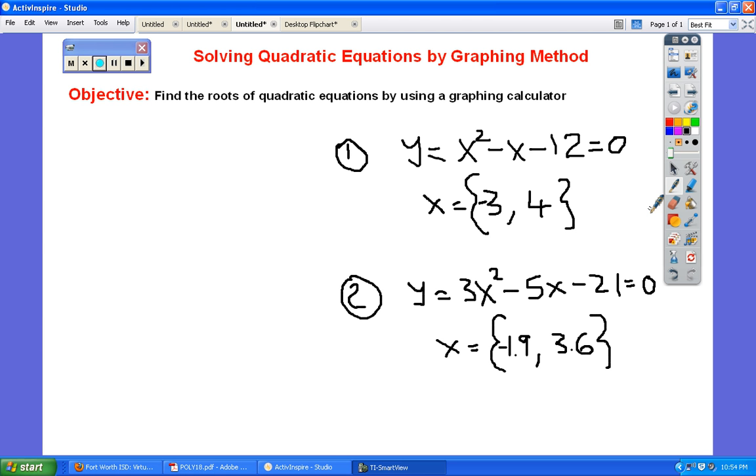Remember, first you have to go to y equals. That's your first part. Then key in your function. Then graph it. So let's put it this way. Step 1, go to y equals. Then on y1, you're going to key in whatever your function is. Then on y2, you're going to key in 0.